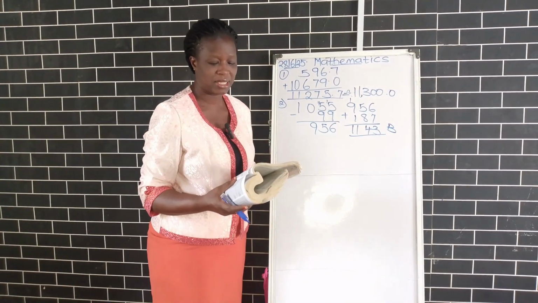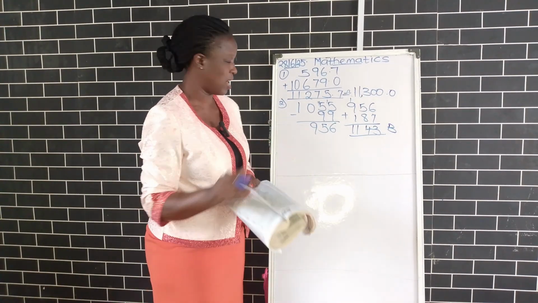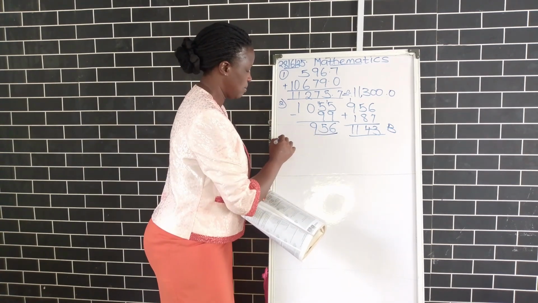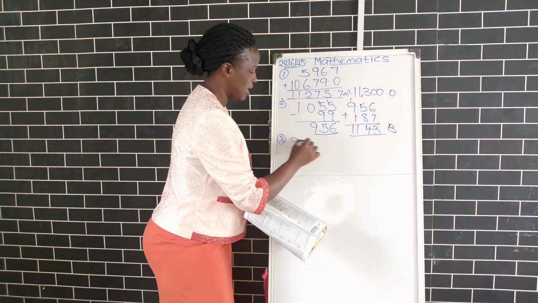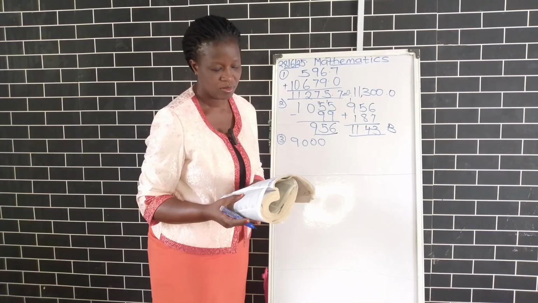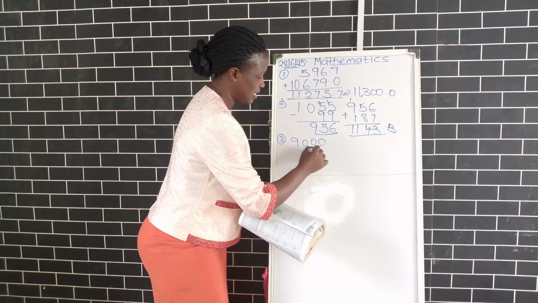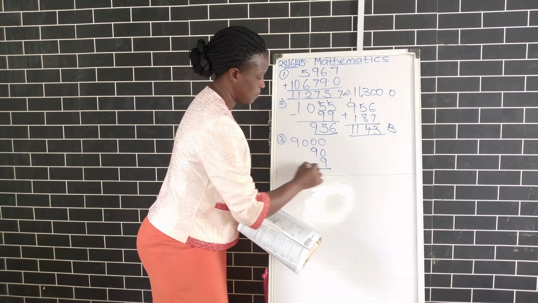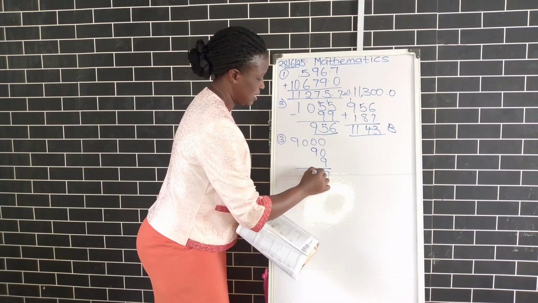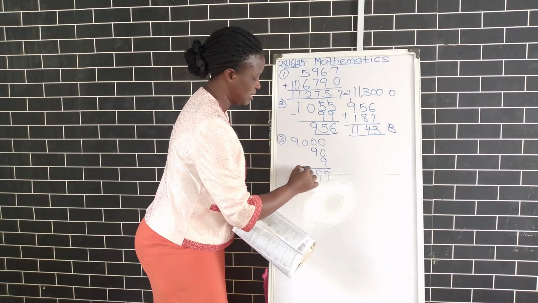So now to number 3, express 9,000. Let's write it out. Number 3, 9,099. So this is 9, this is 9, this is 0, this is 9.